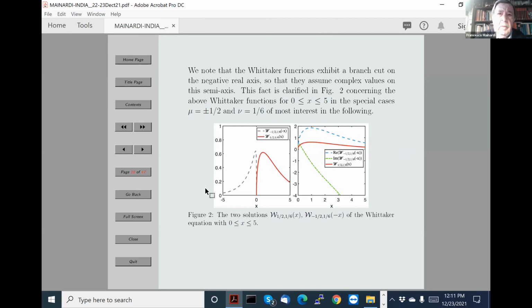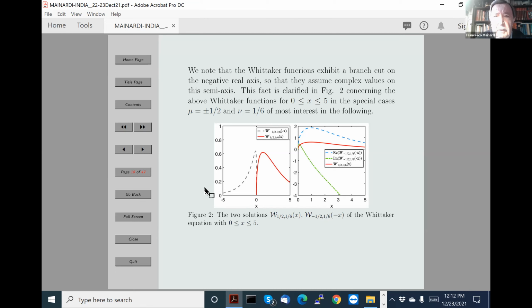But to see this, following my desire to see what happens in practice, my student Consiglio was able to understand the difference, because at least according to Paris, according to NIST, because Paris was an author of the NIST project, the Whittaker functions have a branch cut, logarithmic, on the negative real axis, so that if you compute the function on the branch cut, we have a complex value.